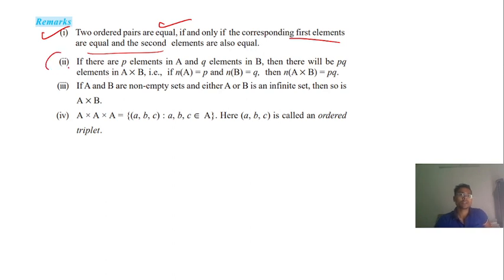Okay, coming to our second point, it is saying that if there are elements P in A and Q in B, then there will be PQ elements in A cross B. This is emphasizing the number of elements in the Cartesian product set.